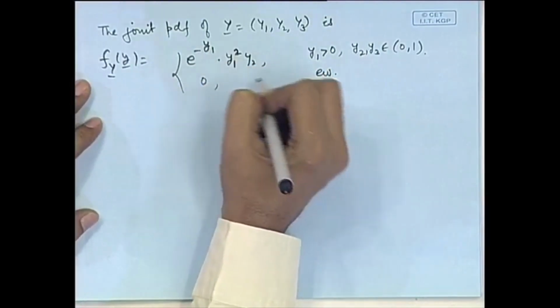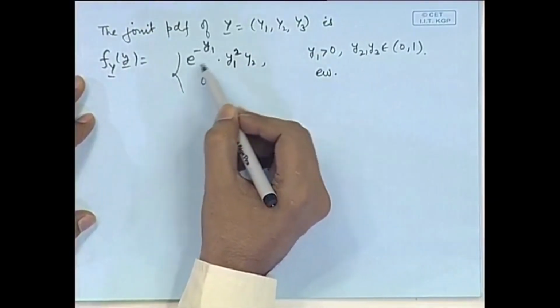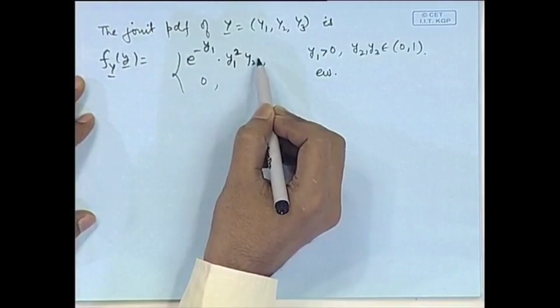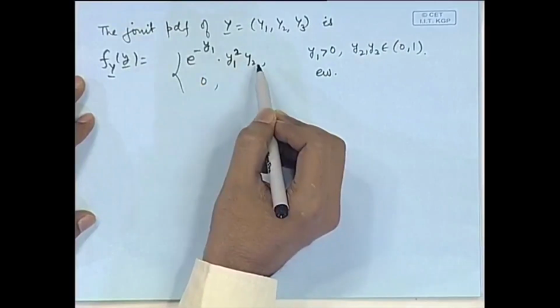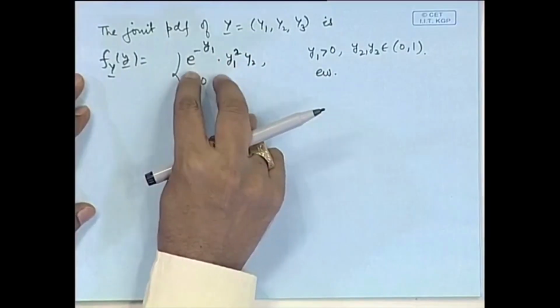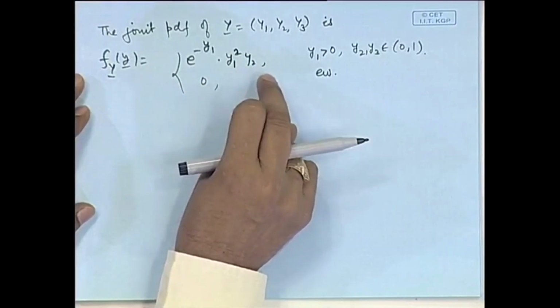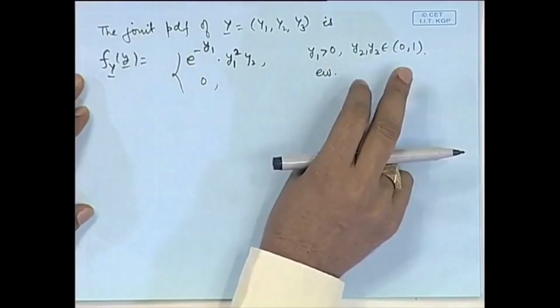In order to get the marginal distributions, we notice here that if we integrate with respect to y3 from 0 to 1, we get the same term. And therefore, if we integrate this with respect to y1, y2, it should give the density of y3 as 1 on the interval 0 to 1.